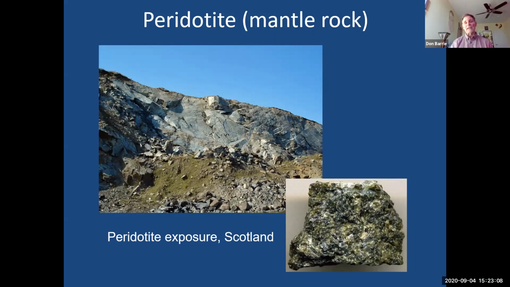Typically, peridotite tends to be enriched in either olivine or pyroxene. But both olivine and pyroxene are dark colored minerals. And so this means that the color index of peridotite is very, very high, usually up around 100%. In other words, peridotite typically doesn't contain anything else but dark colored minerals.